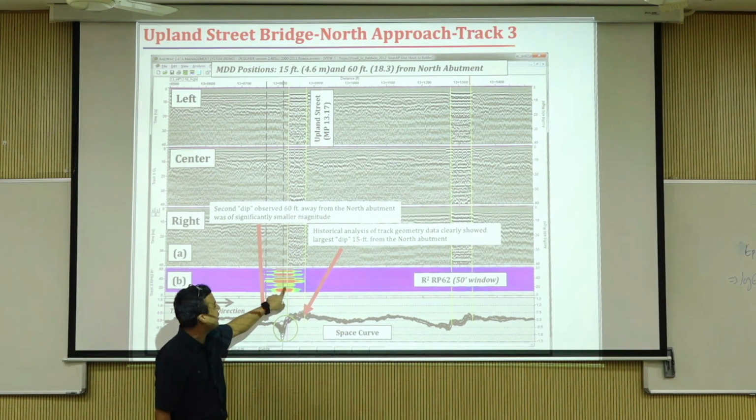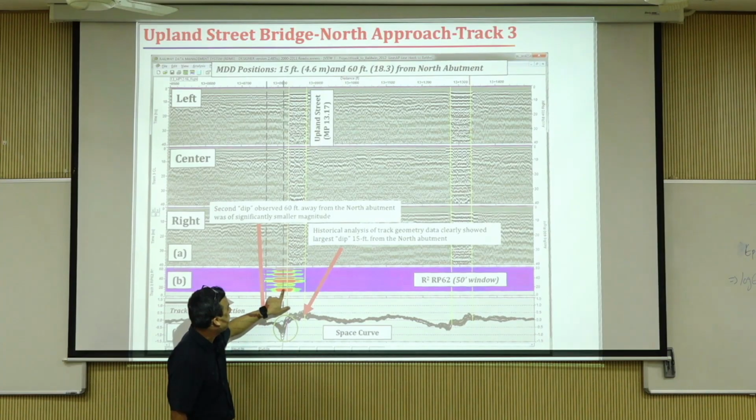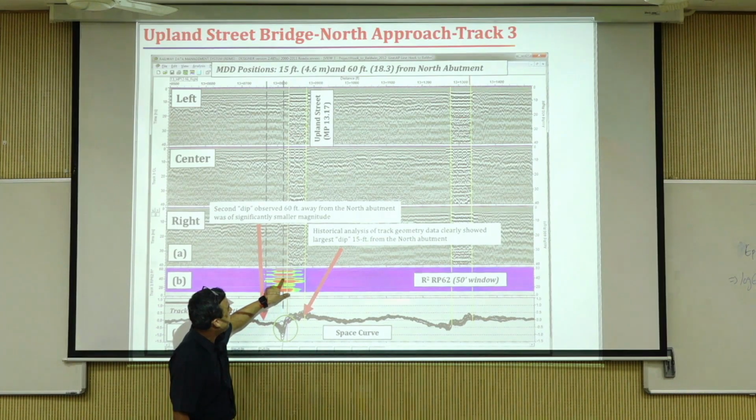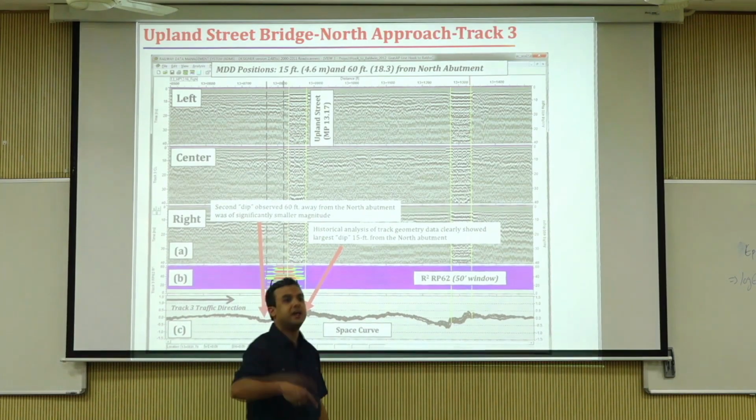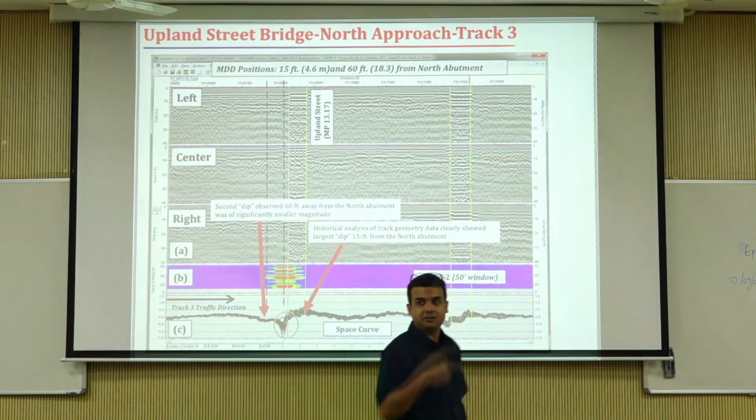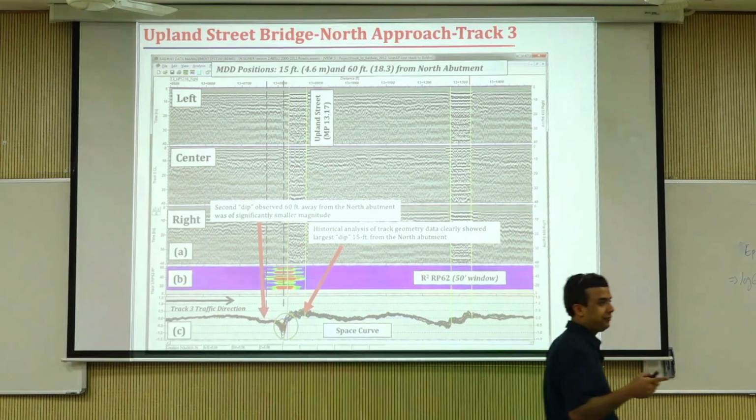Blue is best track, green and yellow slowly getting bad to red. So imagine this. It was red. They came, fixed it. Then it became bad again. And then they came, fixed it. And then it became bad again. So this actually shows recurrent maintenance of the track.